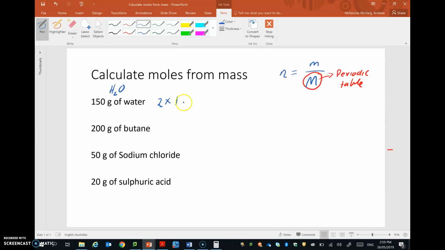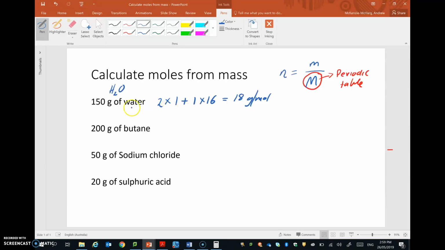And so there's 2 lots of those, plus 1 lot of oxygen, and they are 16 each. So if we add that all up, we find that the molecular mass of water is 18 grams per mole.